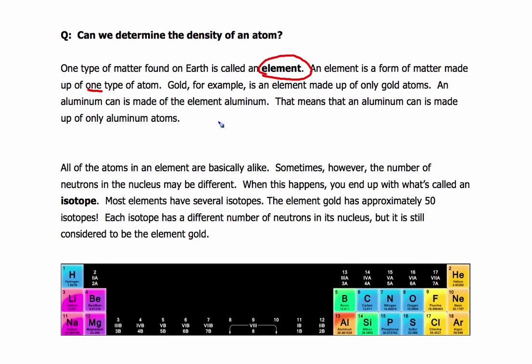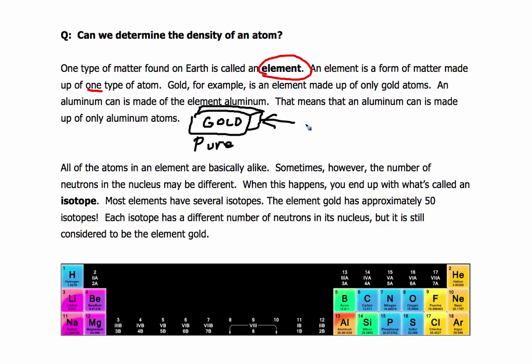So let's just say, for example, that I have a gold bar, and let's just say that this gold bar is pure. We're talking pure gold, right?